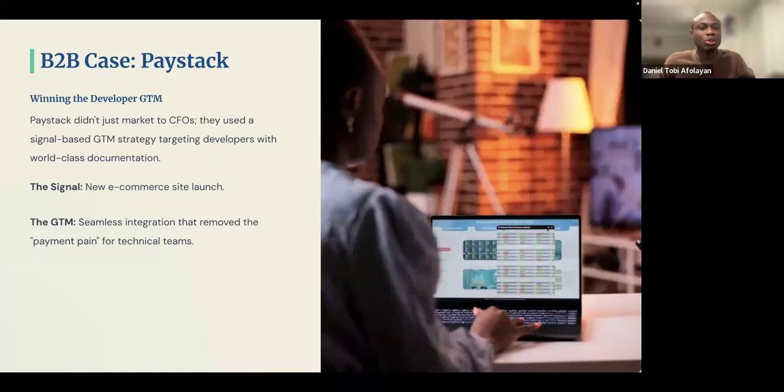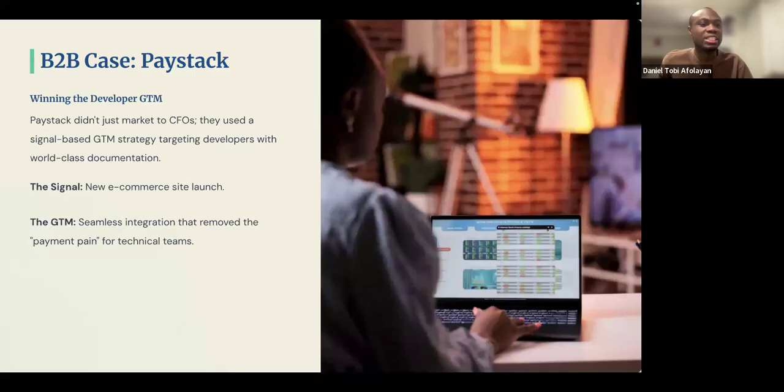Paystack, when they were trying to market their product, they didn't just market to chief finance officers. They used a signal-based go-to-market strategy that was targeting developers, because they knew that developers were the ones building the stack for people. They're the ones that will integrate a payment gateway for them, right?